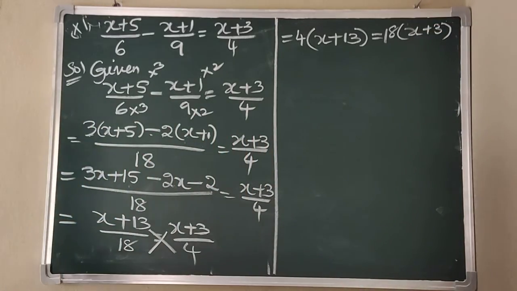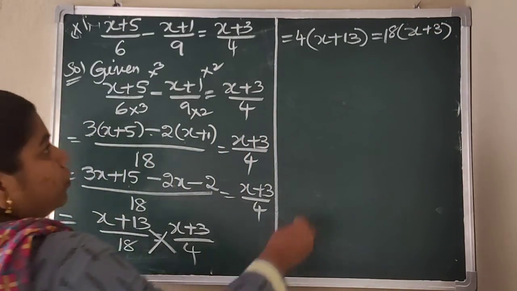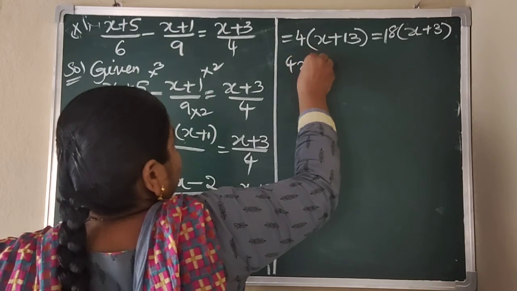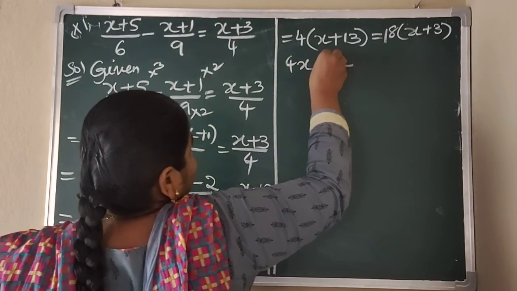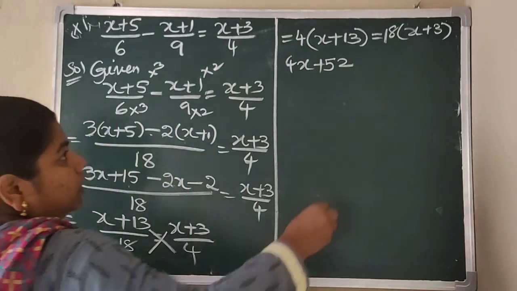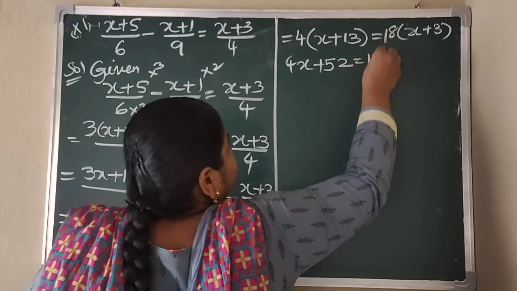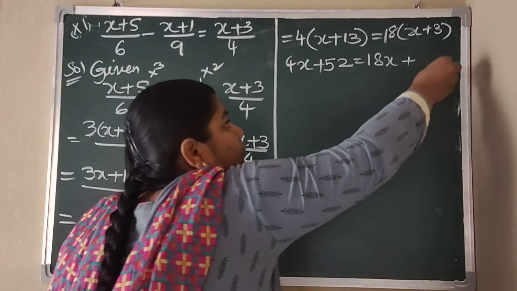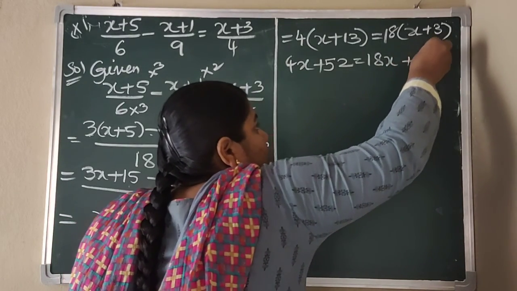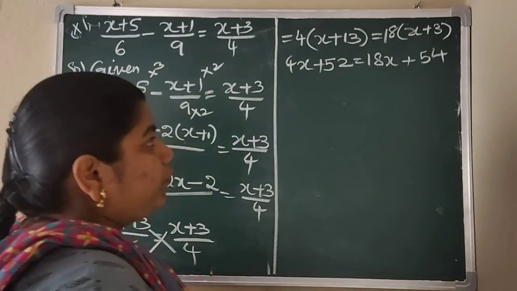Again multiply each and every term. So 4 into x is 4x, plus 4 thirteens are 52, is equal to 18 into x is 18x, plus 18 threes are 54.